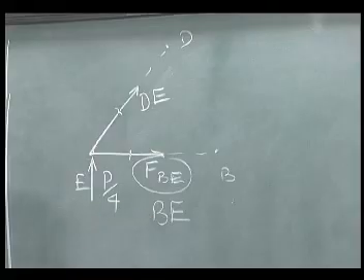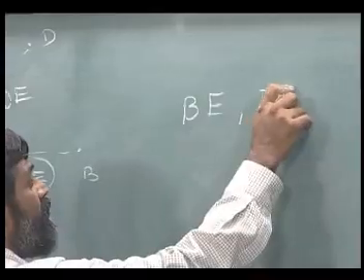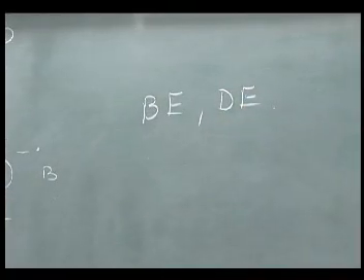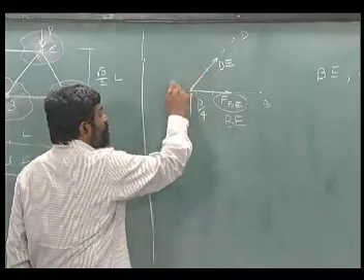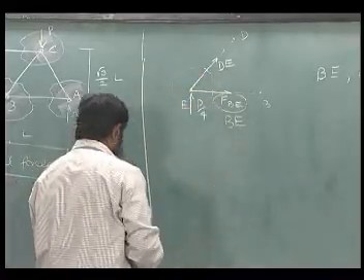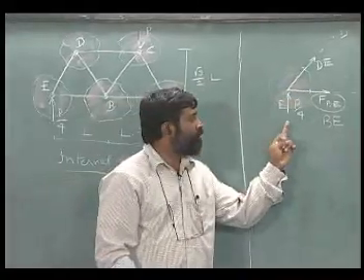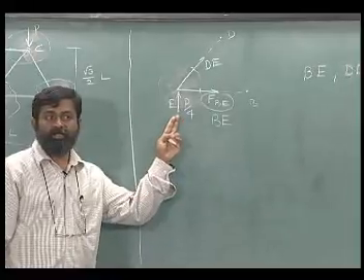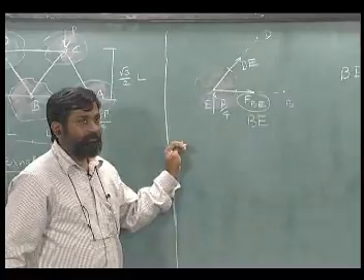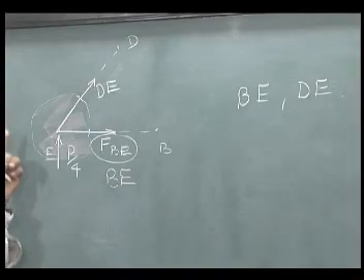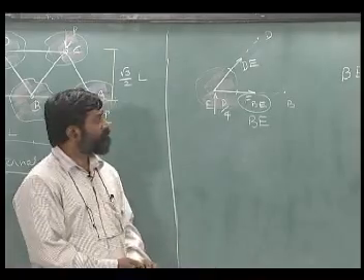There are two forces, BE and DE, which are yet to be found out, that are acting on this particular free body. Is this clear? Apart from the external force that is already known, these are the two forces that act on it. Okay. If you examine this free body and ask the question, how many equations can I write?